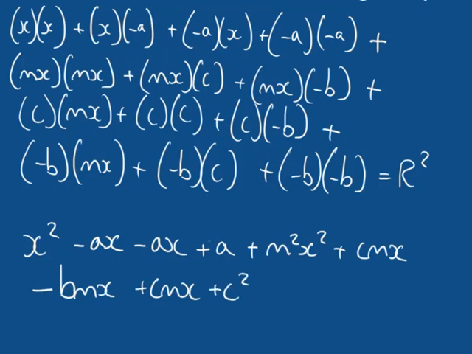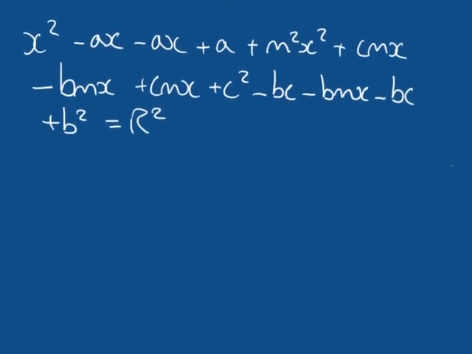C times minus b is minus bc, plus minus b times mx is minus bmx, so that's that guy, plus minus b times c is minus bc, plus minus b times minus b is plus b squared, so plus b squared is equal to r squared.